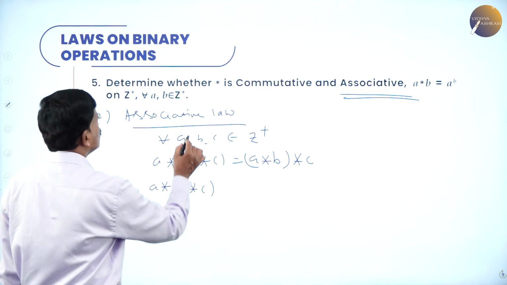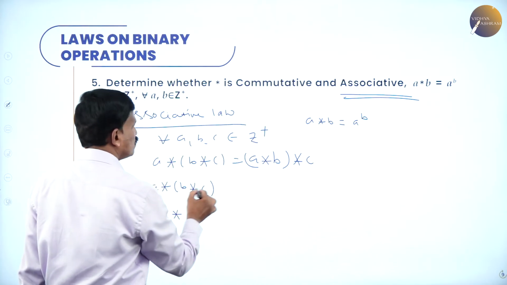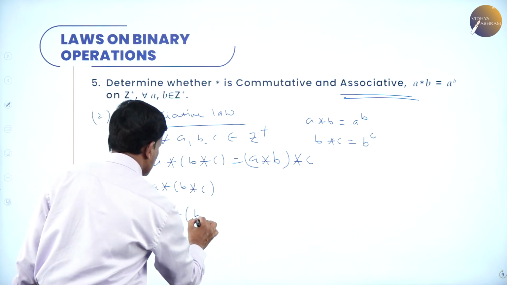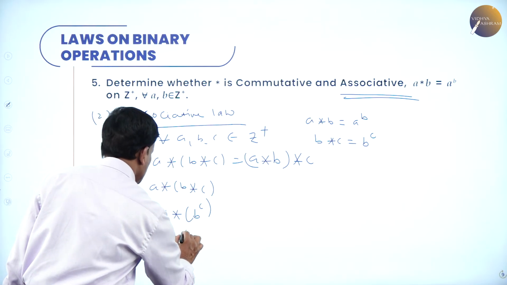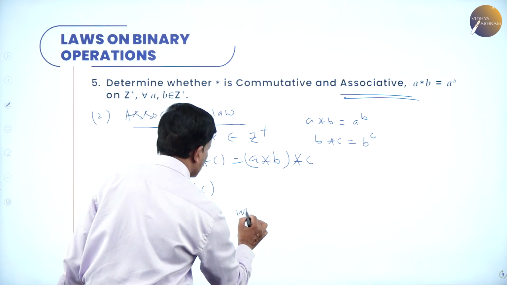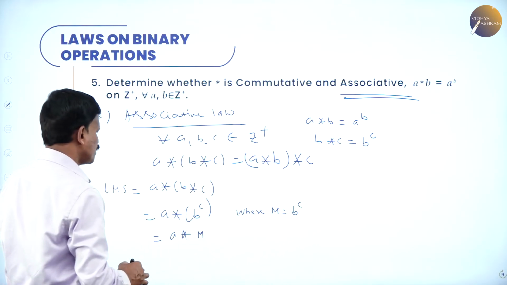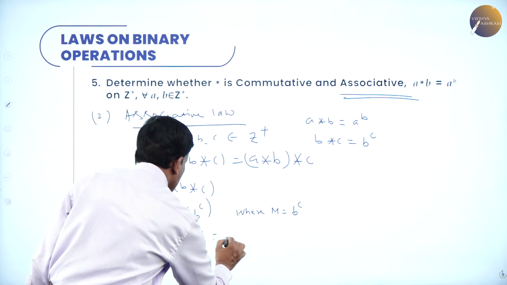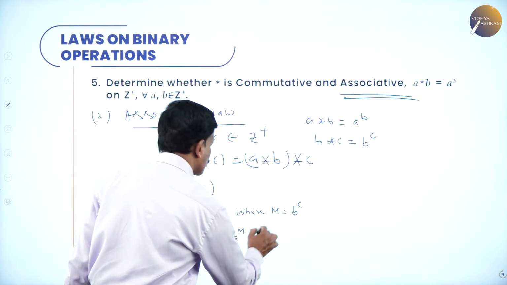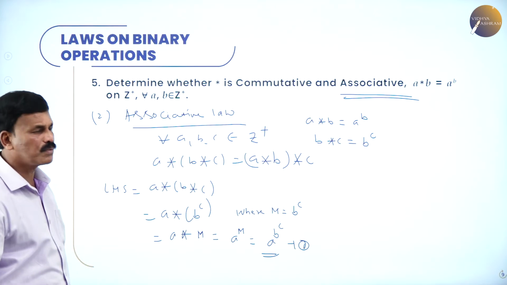Since A star B is equal to A to the power of B, B star C can be written as B power C. Let us call it M, where M is equal to B to the power of C. Now according to the definition, A star B is equal to A to the power of B, so A star M is nothing but A to the power of M. So this is A to the power of B to the power of C. This is equation number 1.